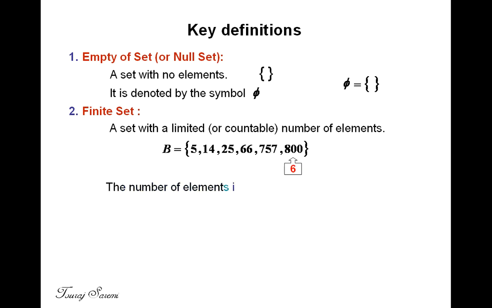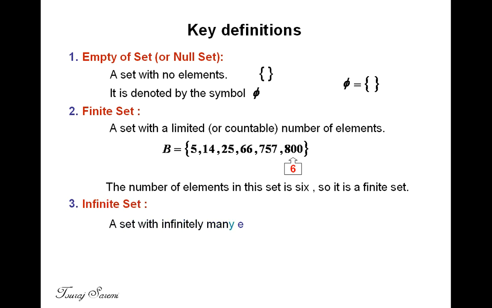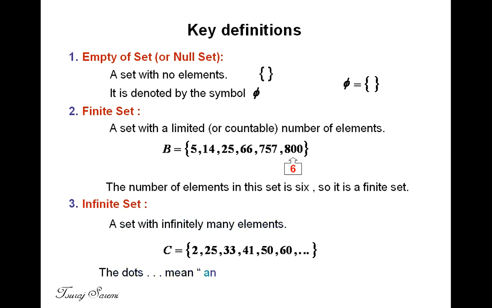The number of elements in this set is 6, so it is a finite set. 3. Infinite set. A set with infinitely many elements. The dots mean and so on, continuing indefinitely.